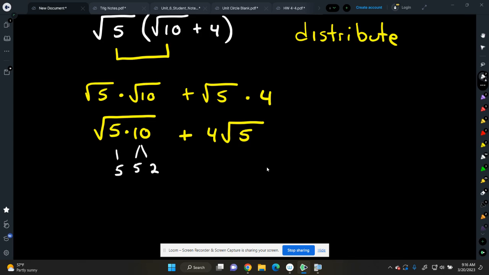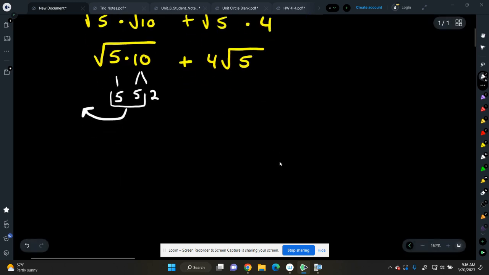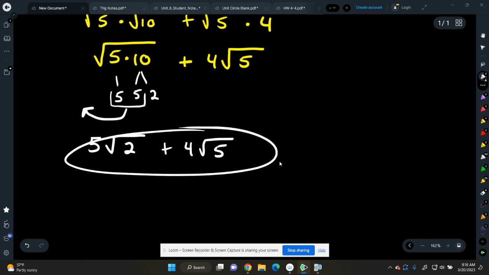Now I can see I have a pair on the train. What happens to the pair on the train? They get kicked off, go on the outside, and become 1. So we have 5 root 2 plus 4 root 5. That's our answer.